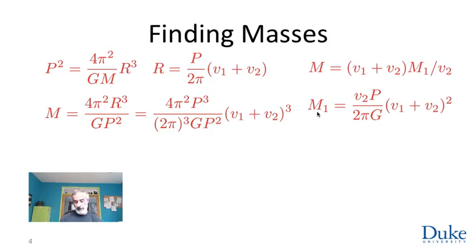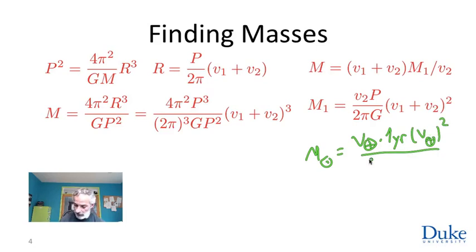Of course, it's easiest to assess this by scaling it relative to the Earth and the Sun. I have that the mass of the Sun is equal to the speed of Earth times 1 year times, the speed of the Sun is negligible, let's write the speed of the Earth squared, divided by 2 pi G. And then dividing one expression by the other, I get my happy scaling formula.